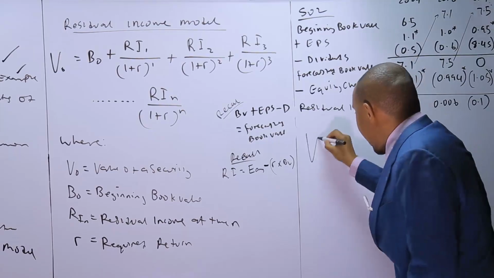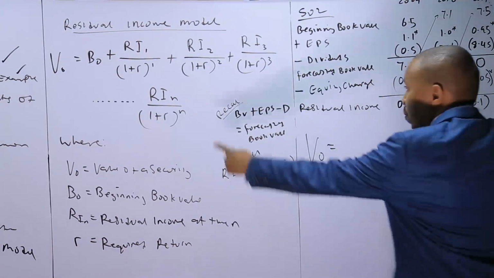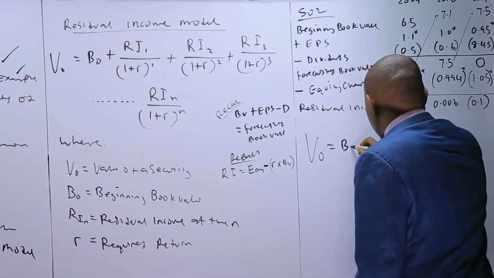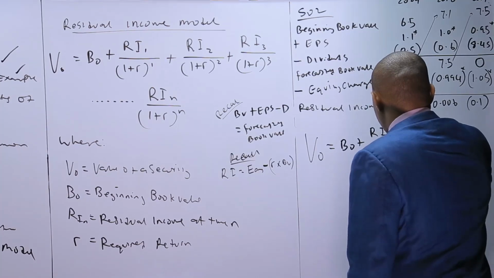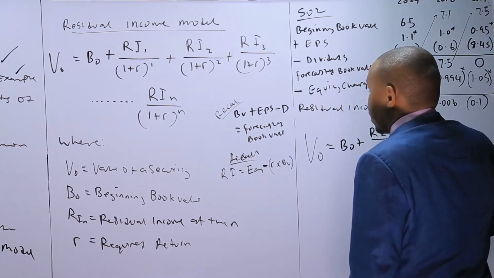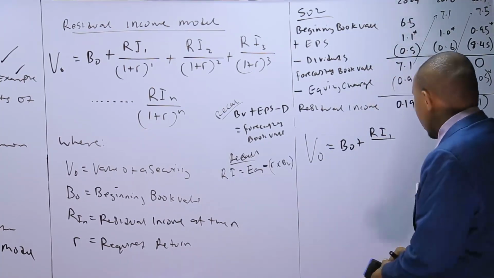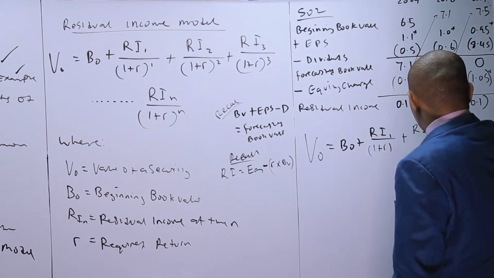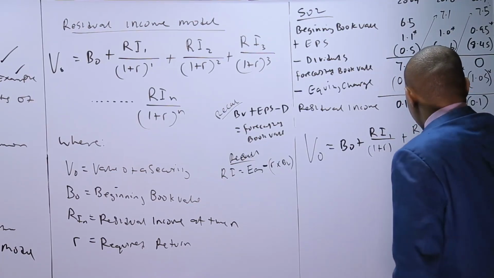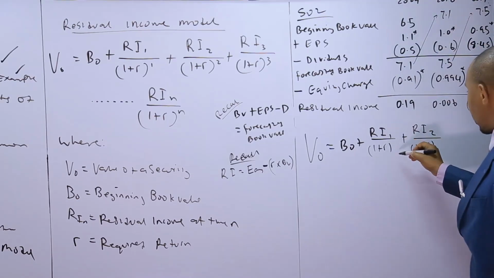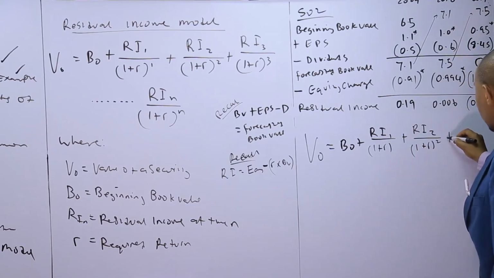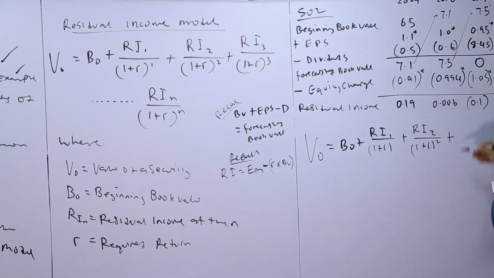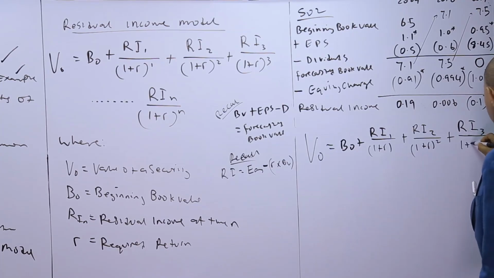So the value based on the formula is given as B0 plus RI1 over 1 plus R, plus RI2 over 1 plus R squared, plus RI3 over 1 plus R power 3. Let's rewrite it for purposes of consistency.